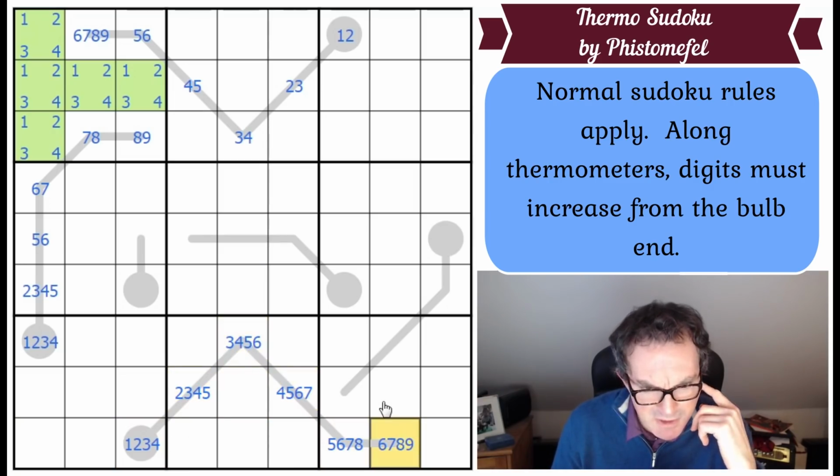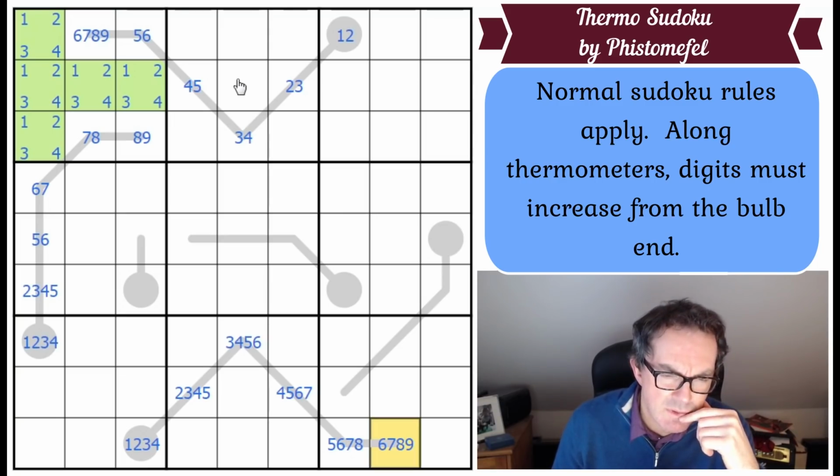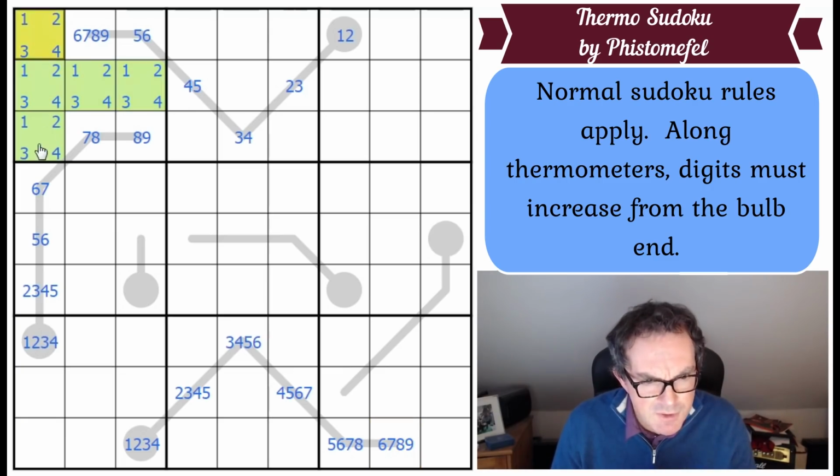This one doesn't seem to be restricted at all by what's happened at the top of the grid. Can't have 2, 3 here. 2 or 3 must be there. So we've got to find some way of... If this is 6, you get 8, 9 at the bottom.